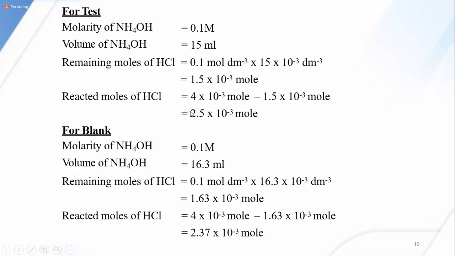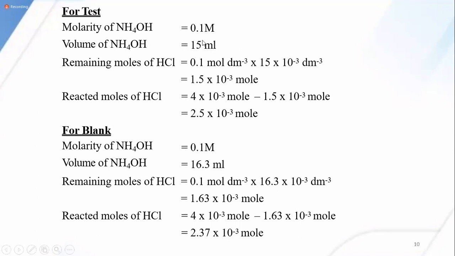For the test, the molarity of the ammonium hydroxide you took for the titration is 0.1 M, and the average volume you got for the titration is 15 milliliter. This is the volume of ammonium hydroxide that is needed to titrate the HCl.